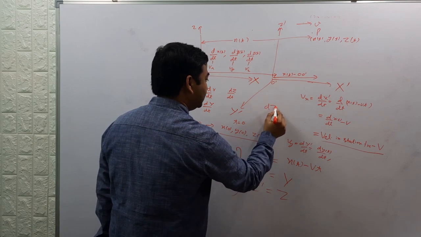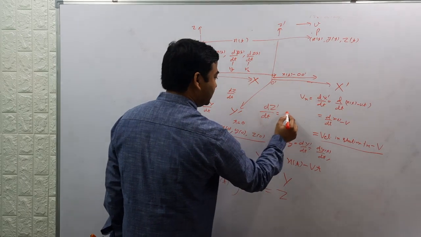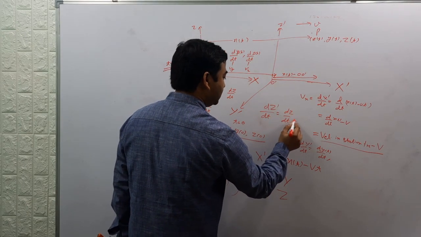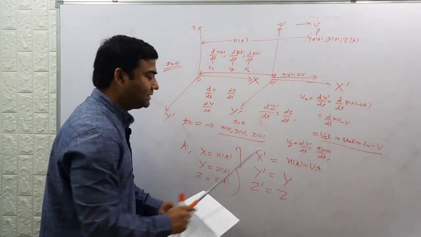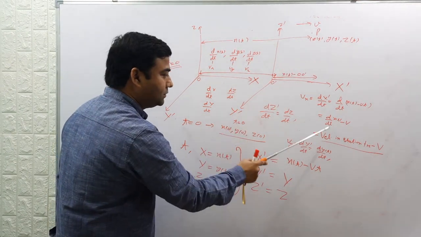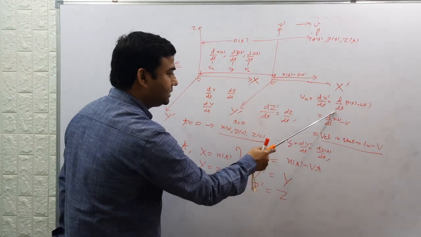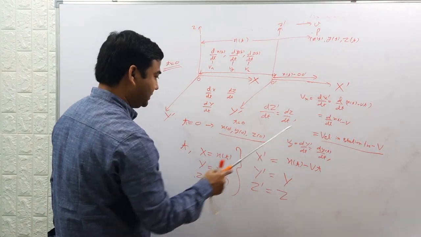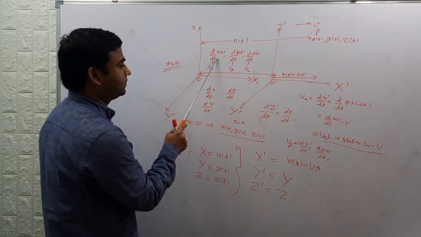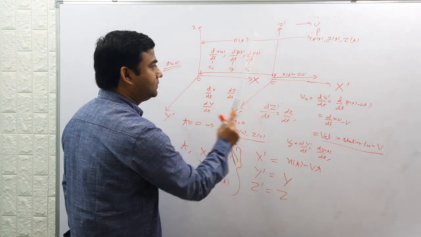Similarly, dz dash over dt, in z axis direction it is dz over dt. Only in x direction, velocity in the new frame is velocity in the previous frame, that is dxt over dt, minus v. V is the velocity of this frame.